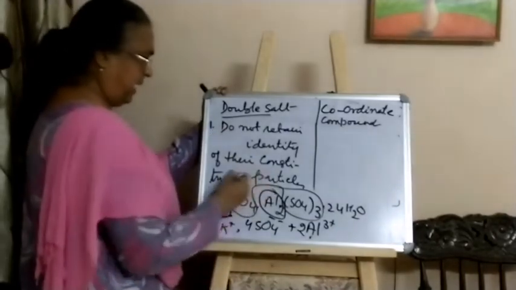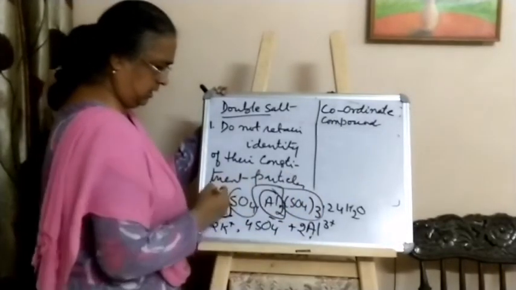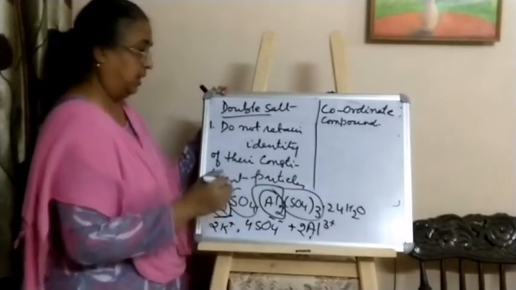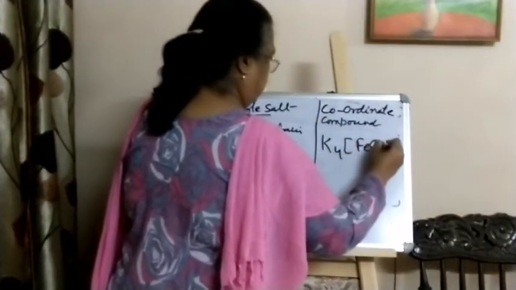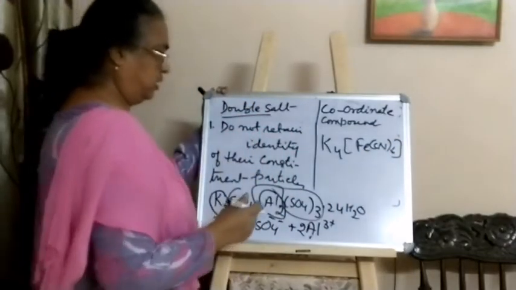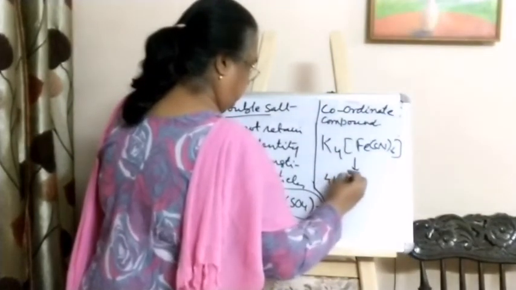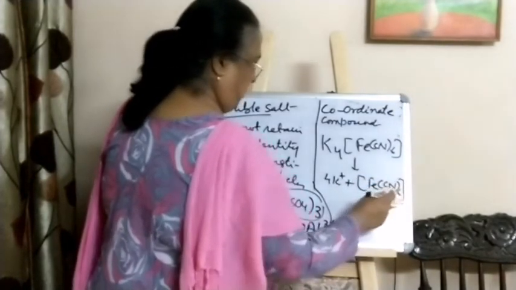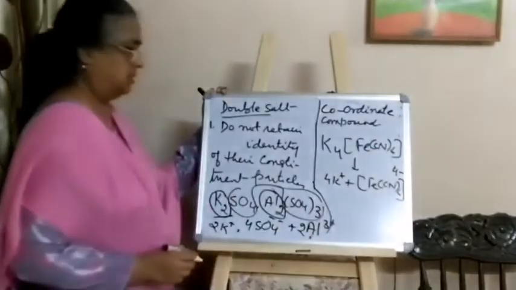So ions are not retaining their property. This compound is not retaining its property as a whole. All these ions are getting dissociated. Whereas in this compound K4[Fe(CN)6], when you dissolve it in water, what you have seen is that it gives 4 potassium ions, and the complex entirety will remain as it is.